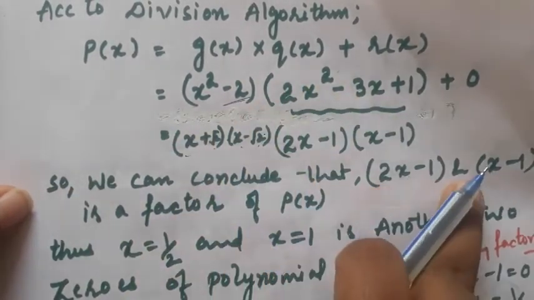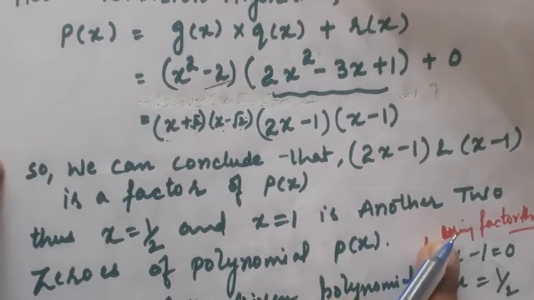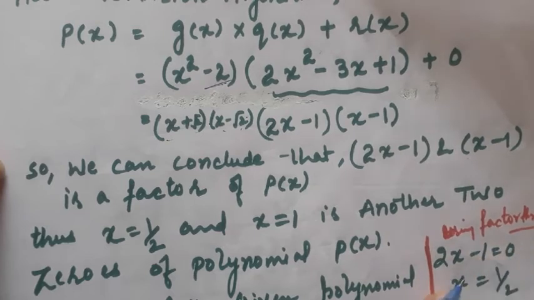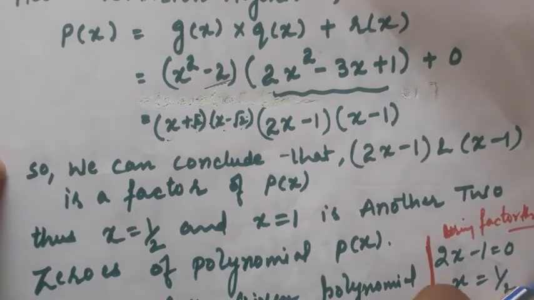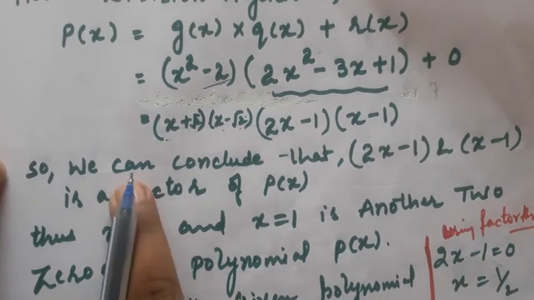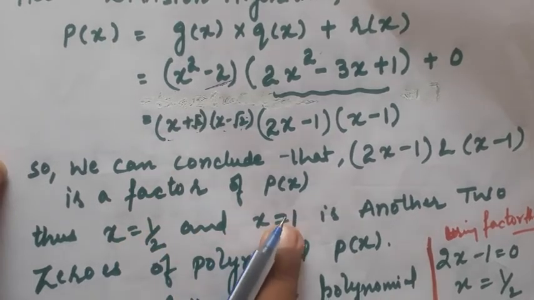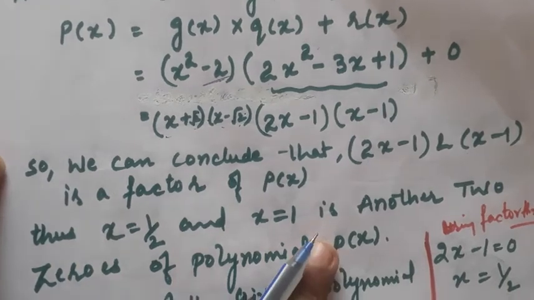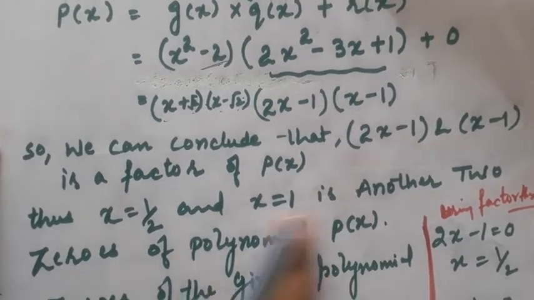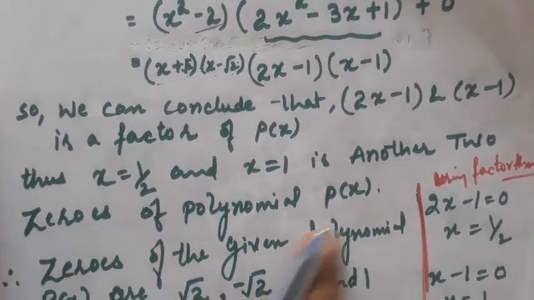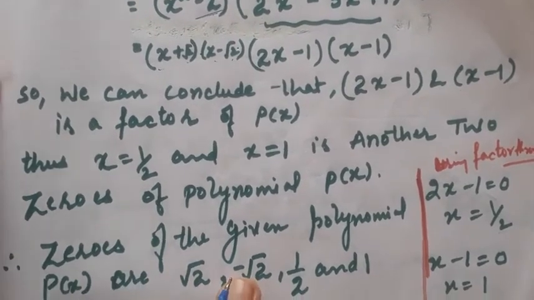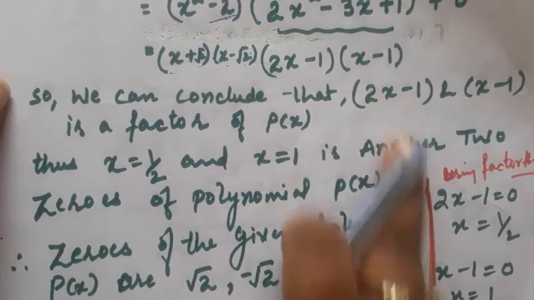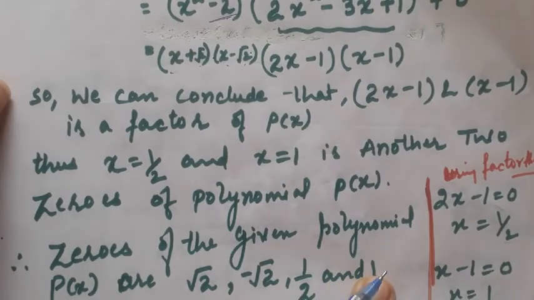So according to factor theorem, 2x minus 1 can be written as x is equal to 1 by 2, so x minus 1 by 2, and x is equal to 1. From here we get another two zeros of the polynomial p(x). So all the zeros of the given polynomial, two were given to us, that is root 2 and minus root 2, and the two things we have already found from here, that is 1 by 2 and 1.